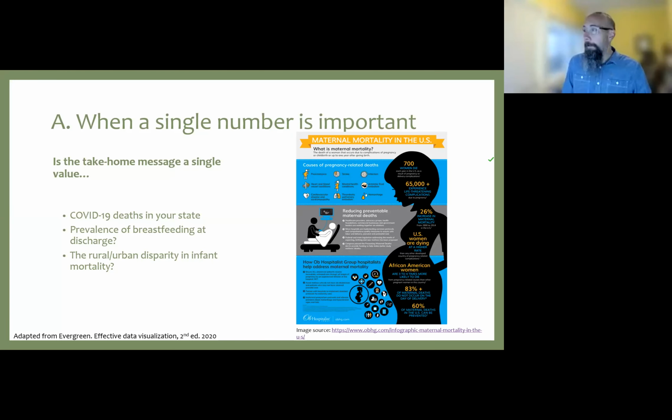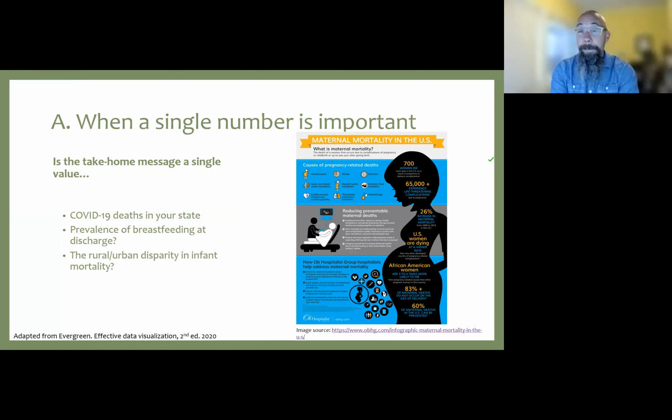Okay, so our first one that we're going to talk about is the simplest, and I think a very powerful one. When can a single number tell the story? So what is the take-home message? Remember, we got to this point choosing a chart, choosing a visualization, because we already thought about what our message is.